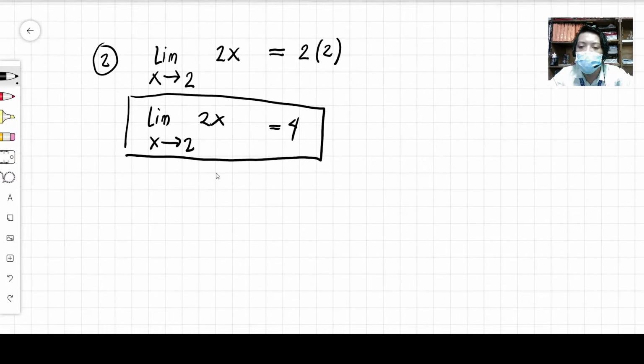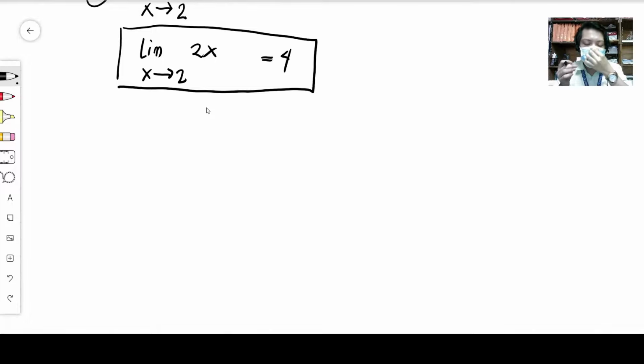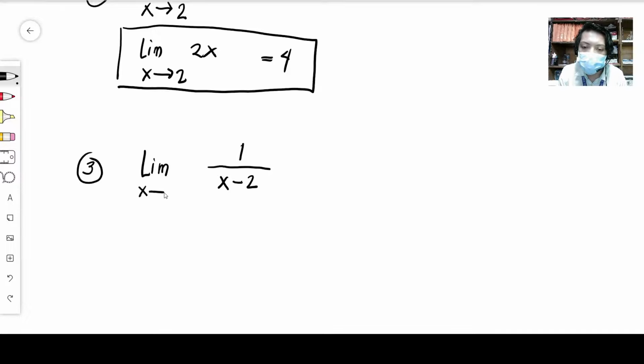Let's have another example. Example number 3: the limit of 1 over x minus 2 as x approaches 2. This is equal to 1 over, you substitute the value of x, 2 minus 2.